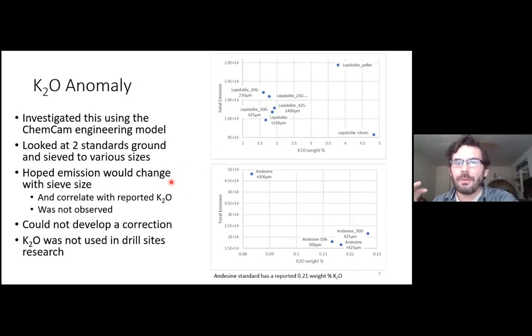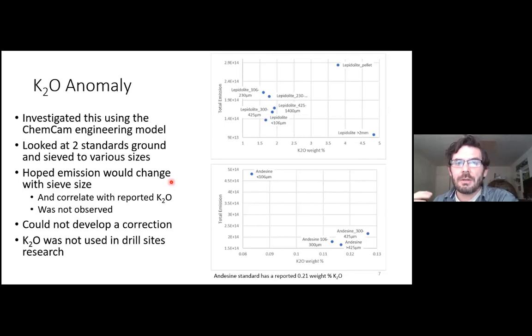The initial hypothesis, and the initial hope, was that emission would change based off of the sieve size, based on the mudstone seeming to have a larger anomaly than the sandstones. Unfortunately, there's not really much of a correlation with sieve sizes.